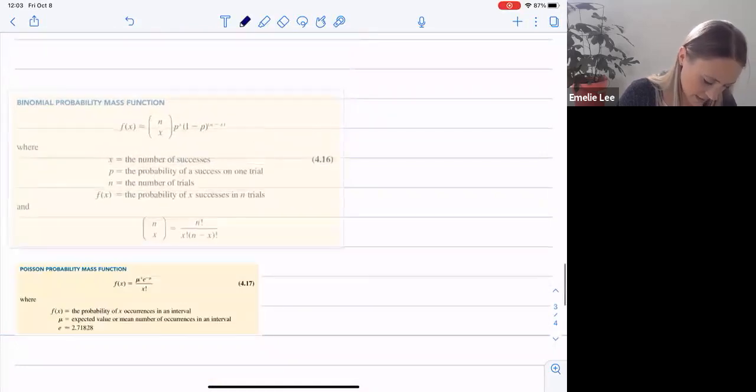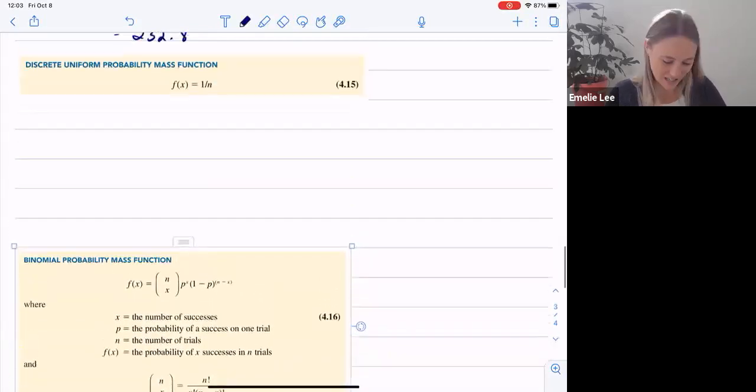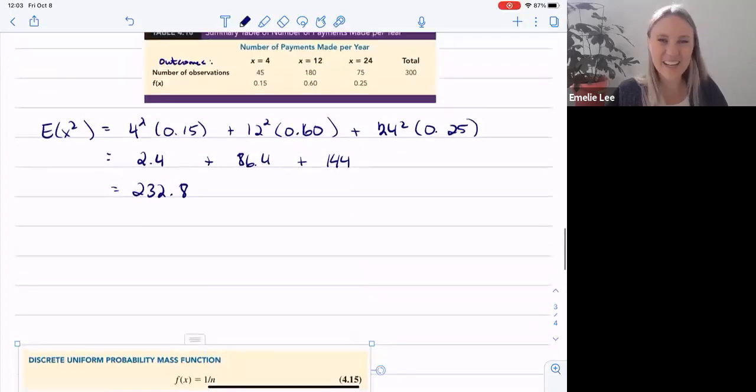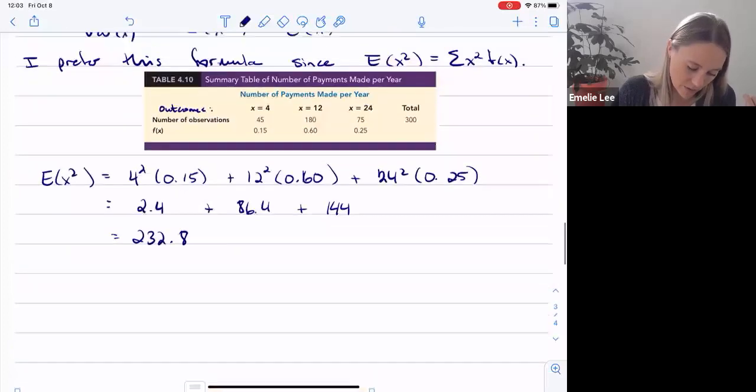I need to make even more room here. Hey, I thought I was onto something with bringing in these little blurbs beforehand, and I guess it's better if I just keep bumping them down. Okay, so now I have the expected value of x squared. You could have used that initial formula. What would you have had to do? You would have had to take the expected value of x minus E of x, which we found earlier.